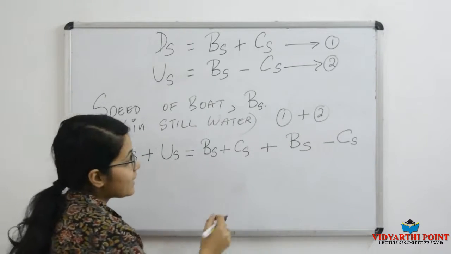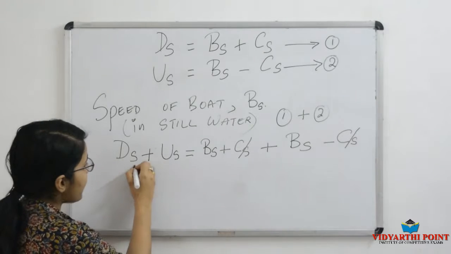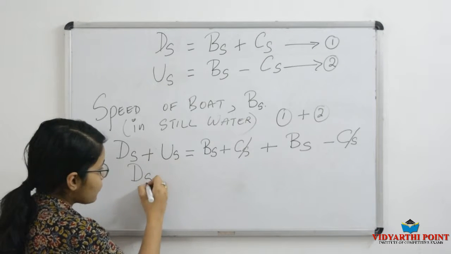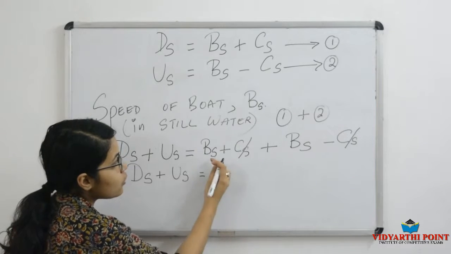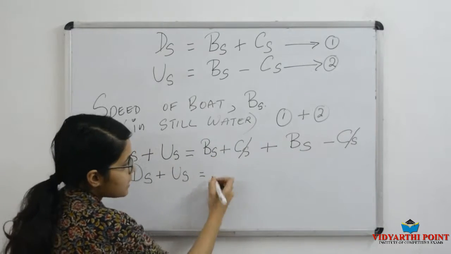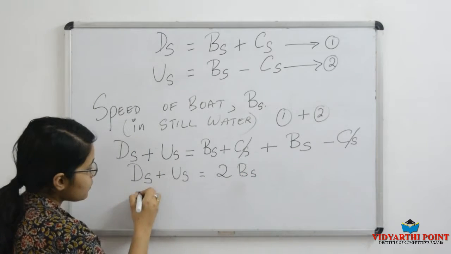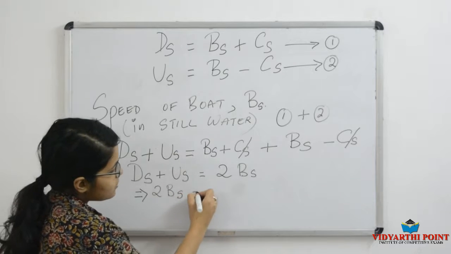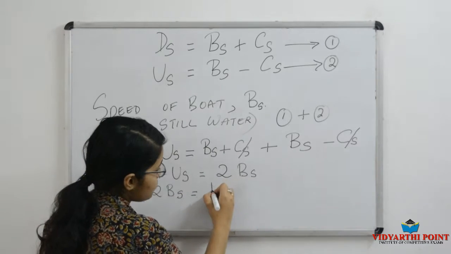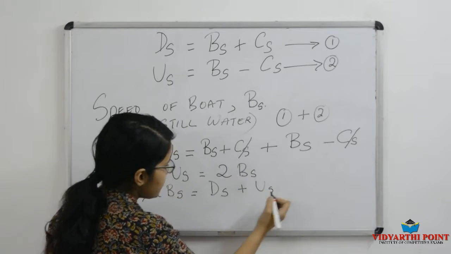Now let us cancel this. So upon cancellation we have downstream speed plus upstream speed equals to BS plus BS equals to 2BS. That is, 2BS, that is speed of boat, equals to downstream speed plus upstream speed.